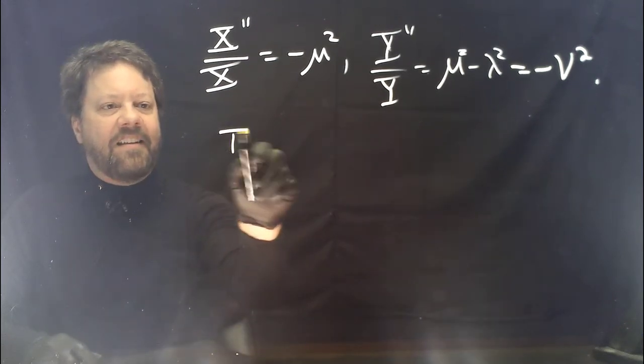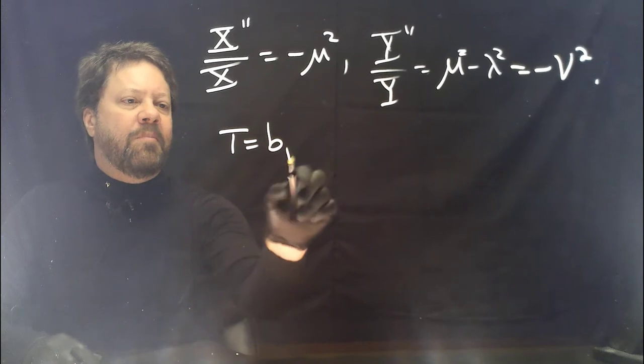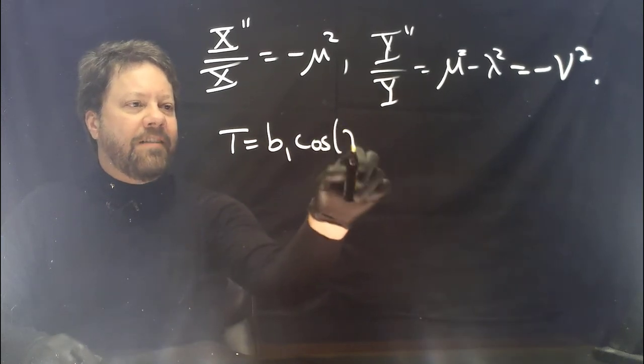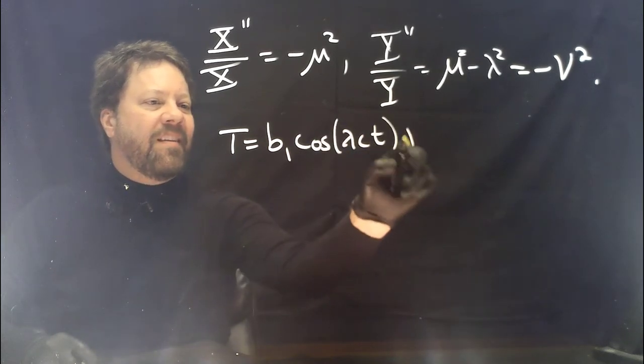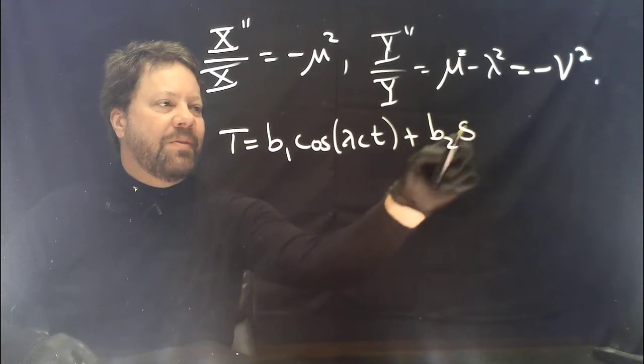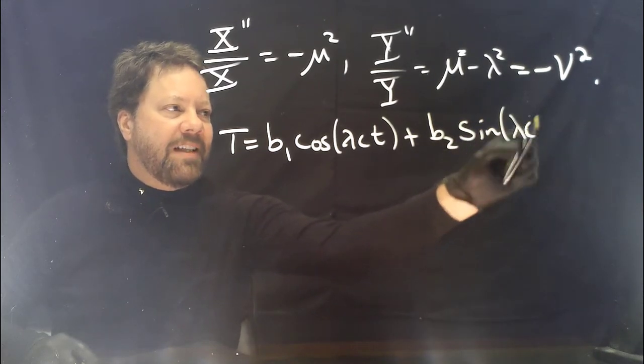Let's say then that t is b1 cosine of lambda ct plus b2 sine of lambda ct.